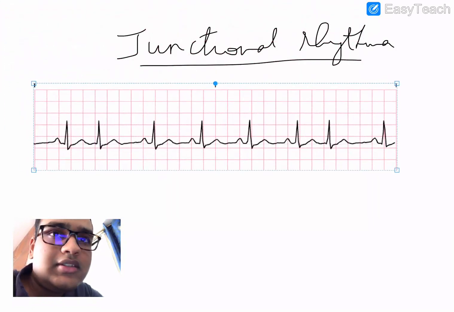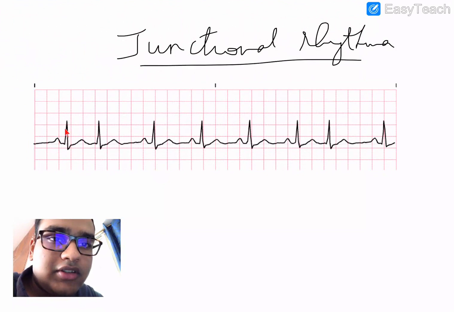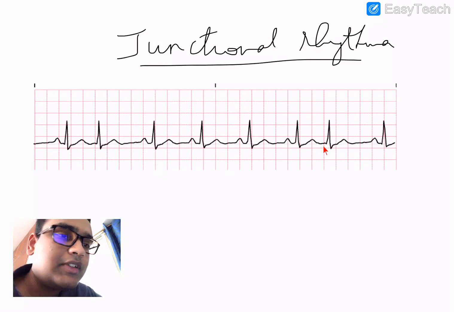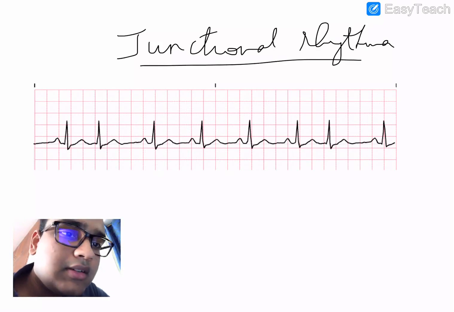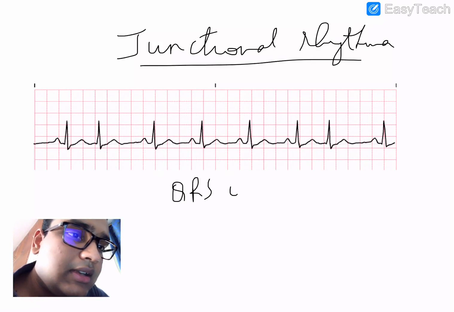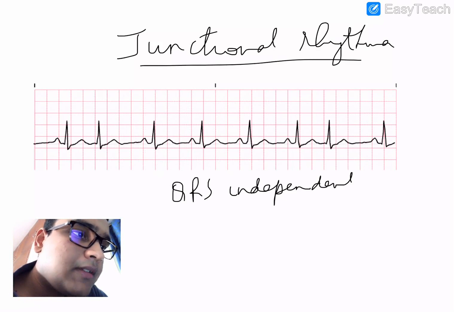As you can see in this ECG, this is a P wave, this is a QRS, and here the P wave is getting masked behind QRS. Here there's again P wave, and here again there's no P wave preceding this QRS. So in this, the QRS is independent of P wave.